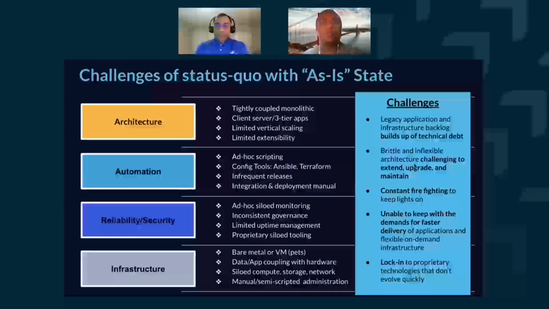You need to spend all that time there. Otherwise, you're going to build a platform or a technology stack that's going to be very myopic, and you will be increasing your technical debt and constant firefighting day in and day out.